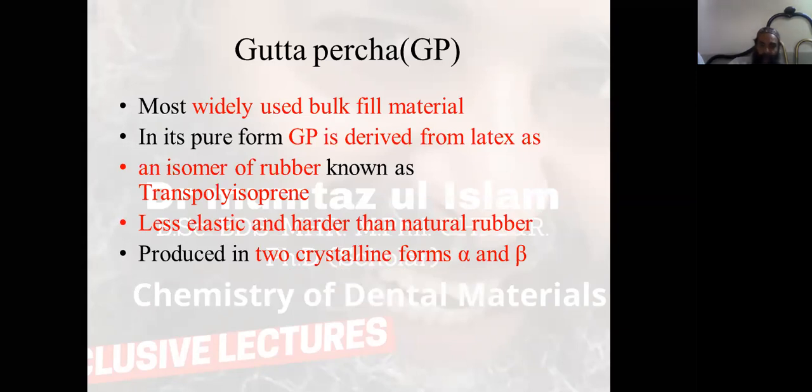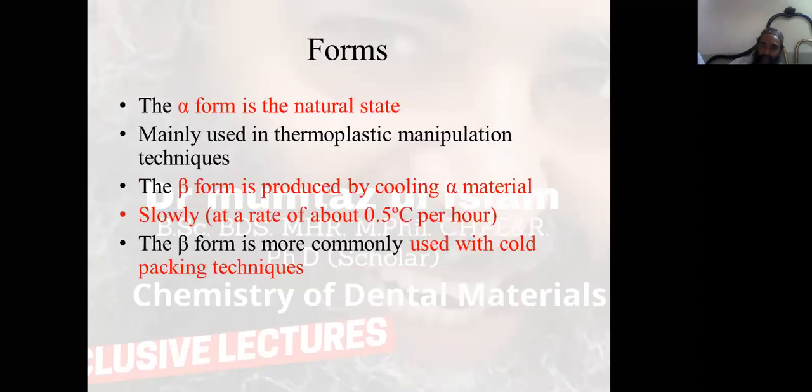In its pure form, gutta-percha is derived from latex as an isomer of rubber known as trans-polyisoprene, less elastic and harder than natural rubber. It is produced in two crystalline forms, alpha and beta.